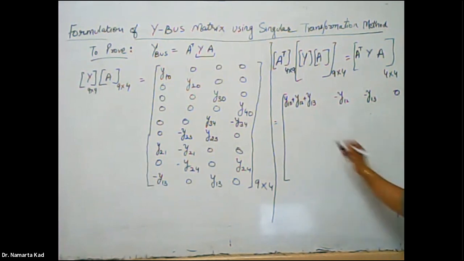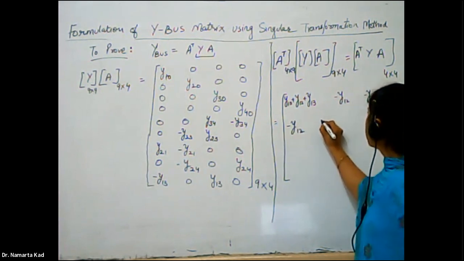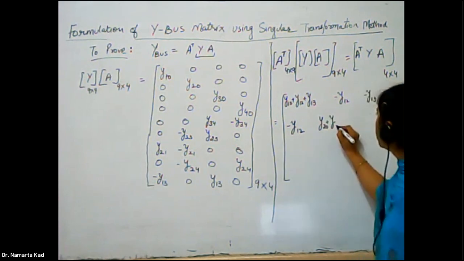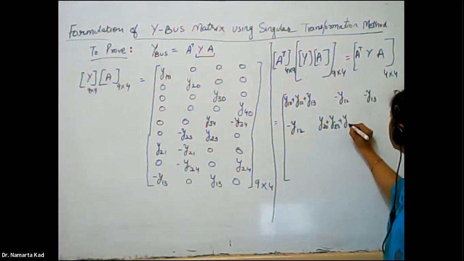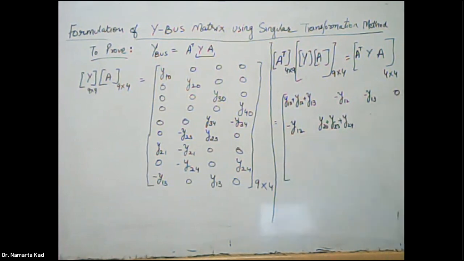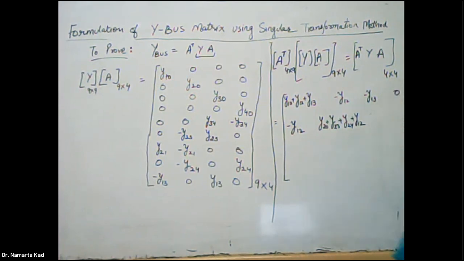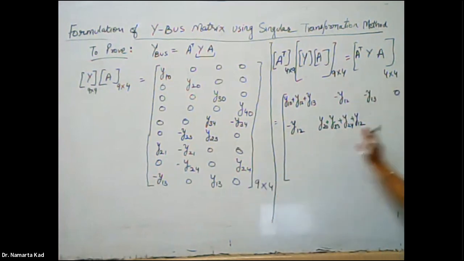Similarly, next, here it is minus y12, and here it comes out to be y20 plus y23 plus y24 and plus y12, because we know that the second node is connected with all other nodes also. The next element is minus y23, and here it is minus y24.